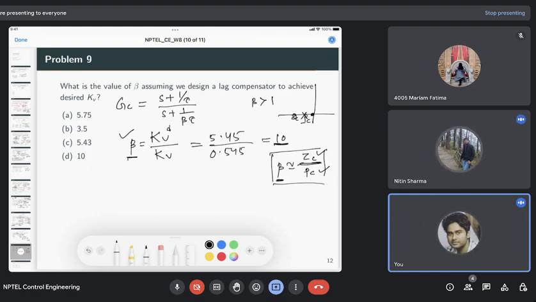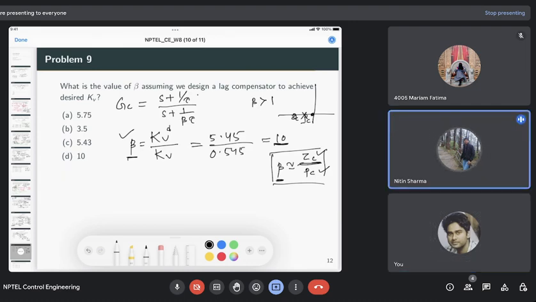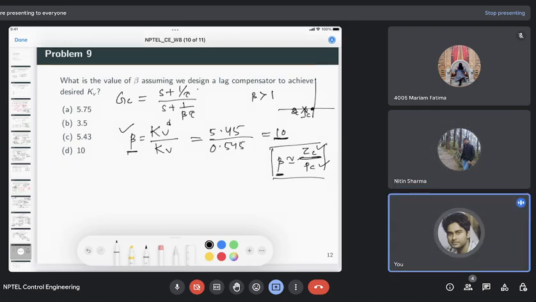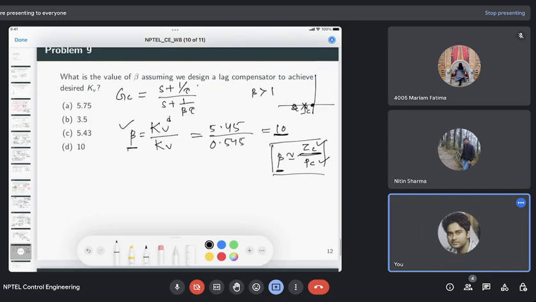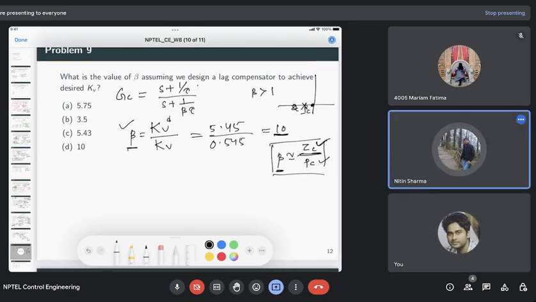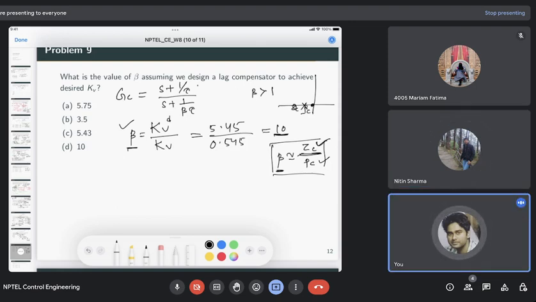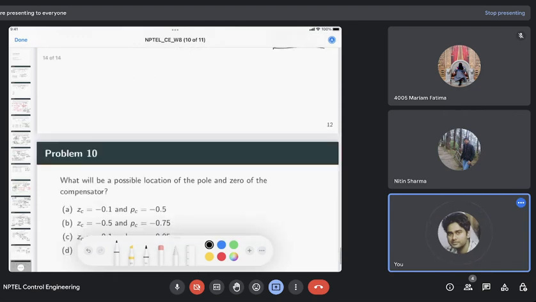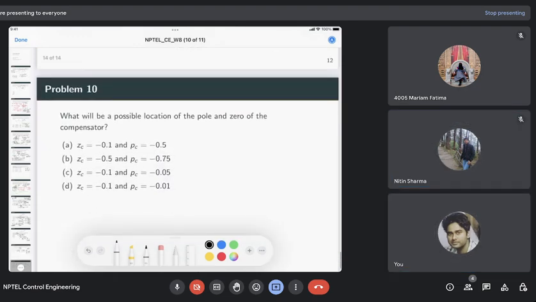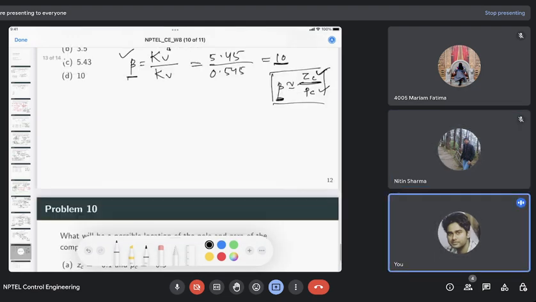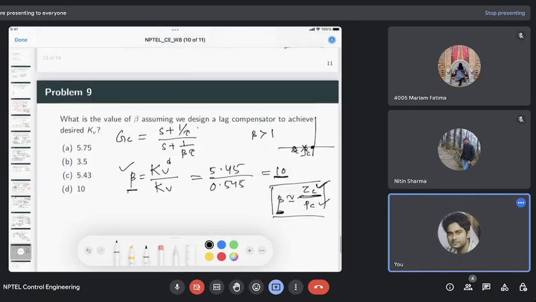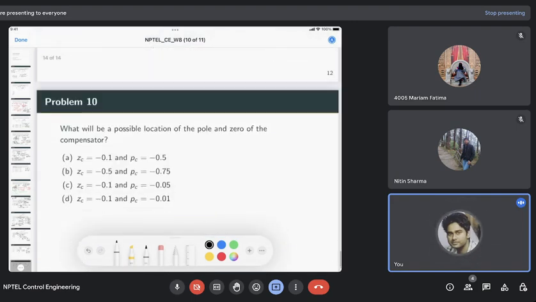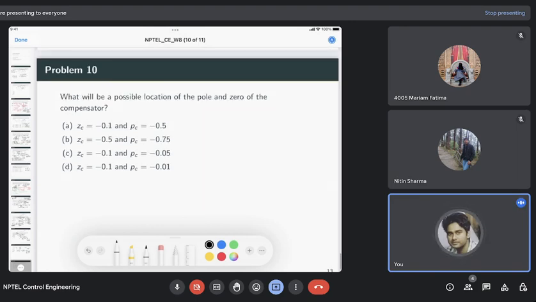Okay, so that means this location can be arbitrarily chosen. Once you choose one zero or pole location, then the other location is fixed by this beta. We have already found beta equal to 10. So now we want to know what should be the location of the zero and pole of this compensator.